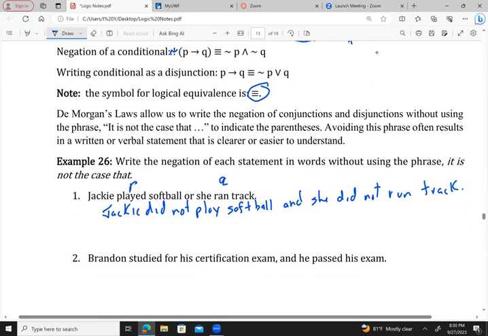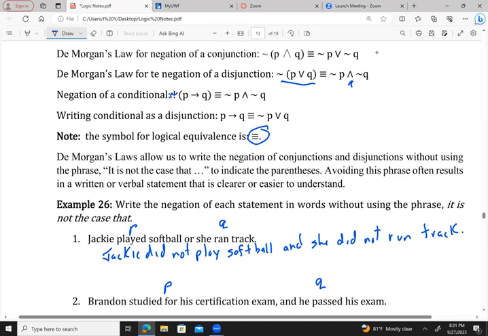Okay, so what do we have here? We have: Brandon studied for a certification exam, and he passed the exam. So again, if we label the first statement P and this Q, we're looking at an and statement here, and we want to negate it.